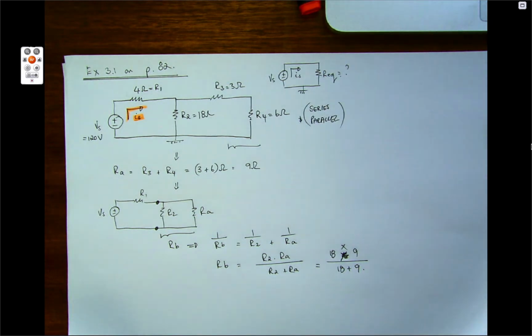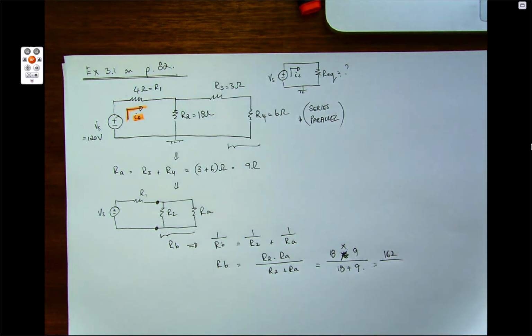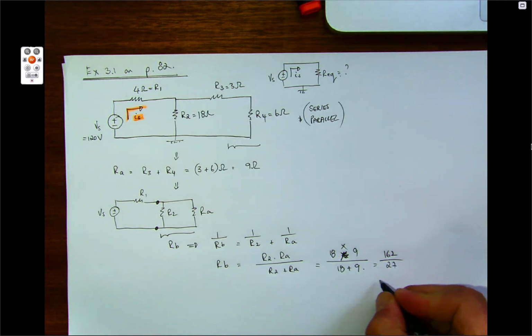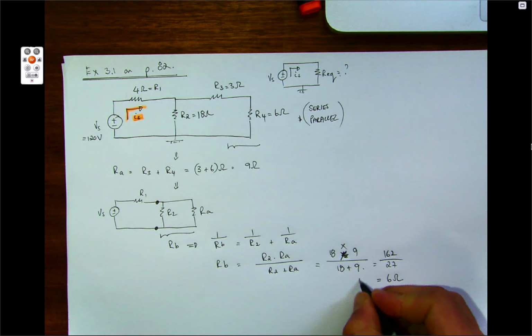Sorry, as I said, there are going to be some scribbles over here. To do that, I'm going to take out my calculator. This is 162 divided by 27, which gives us a value of 6 ohm.